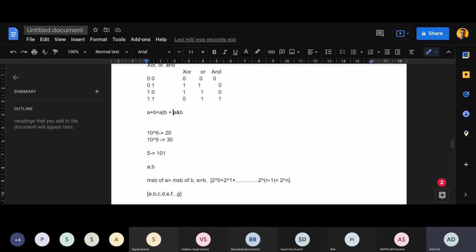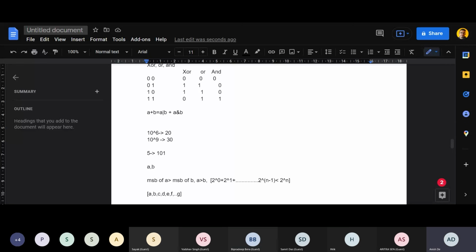Is this enough for A plus B equals A OR B plus A AND B? It's like a half adder. It gives sum plus carry. I think it will be XOR. Like 1 plus 1 will be 0 and carry 1. No, we are not taking carry here. Okay, we are just doing simple addition.